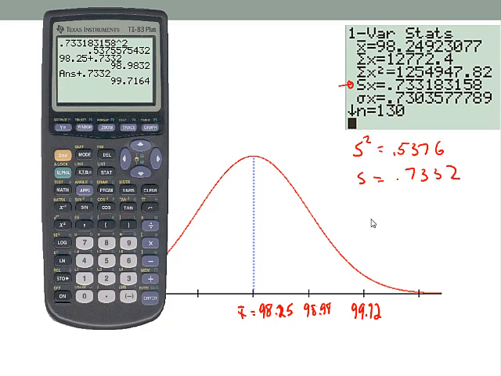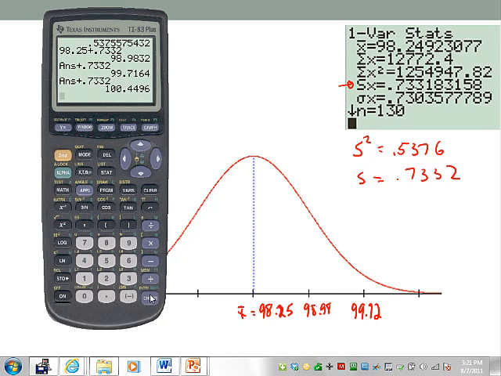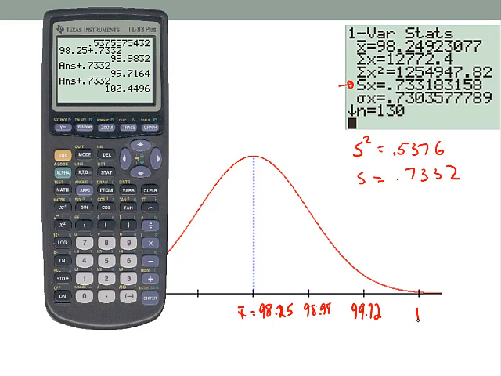And then we'll do one more. I don't think ours goes out this far, but we'll do one more anyway. Plus 0.7332, and we get 100.45.